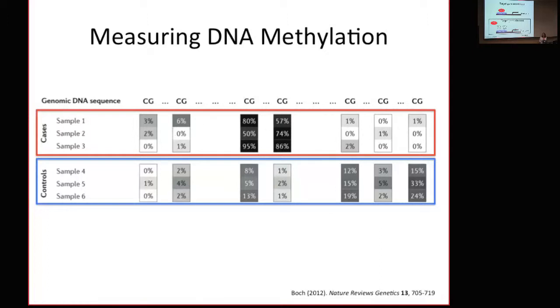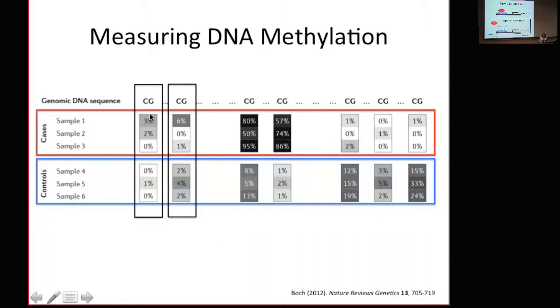And the shading here represents the level of methylation, where light is not methylated, so close to 0, and dark is close to 100%. So we do this for hundreds of thousands of CpGs in the genome. We don't just do it for one CpG, we measure it at many different locations.